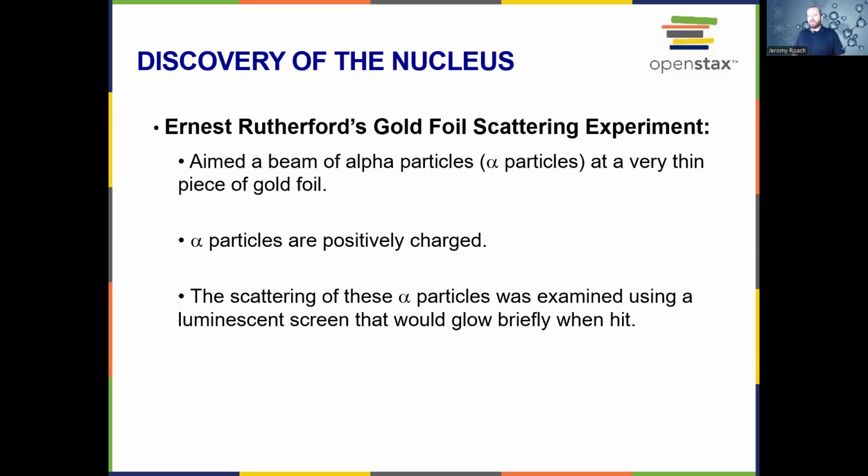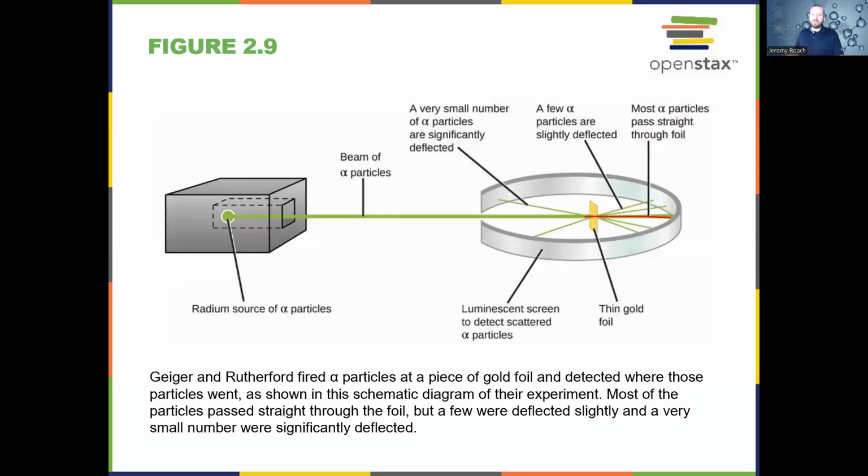We're going to learn more about alpha, beta, and gamma particles when we go to nuclear chemistry. But alpha particles are positively charged particles, and when they became scattered through this screen, they would glow when they hit something. And here's a diagram of what that looks like.